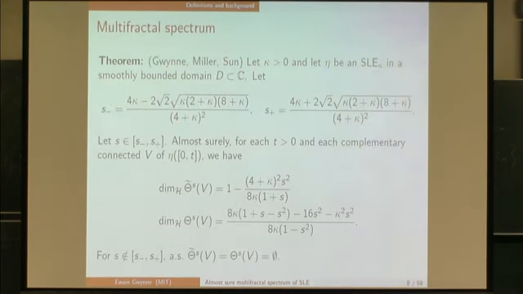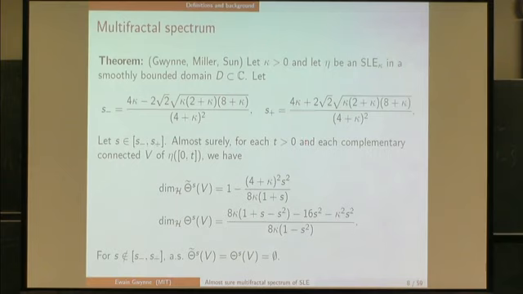So the main result of my talk is the following theorem. Suppose we have an SLE curve eta in a smoothly bounded domain D in the complex plane. We define these two numbers S minus and S plus.